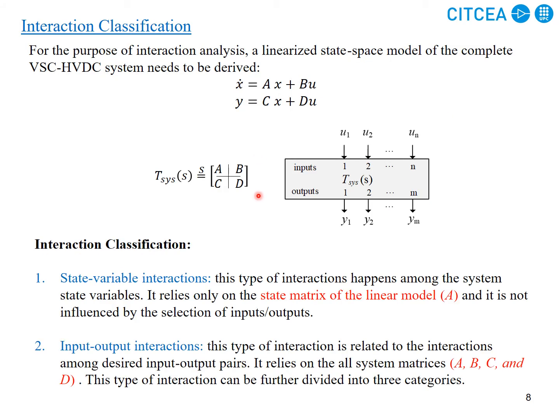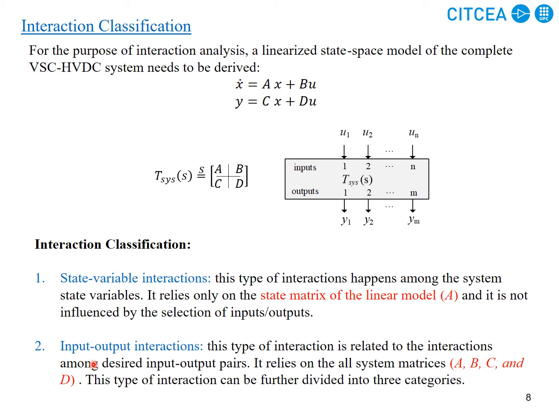So we will have two broad classifications. One is called state variable interactions, which only rely on matrix A of the system. The next one is input-output interaction, which actually depends on the choice of input and output. It depends on the decision of the design engineer.